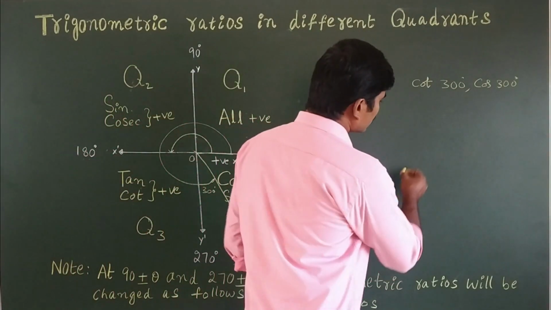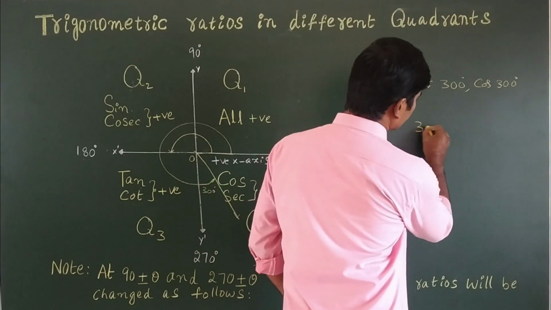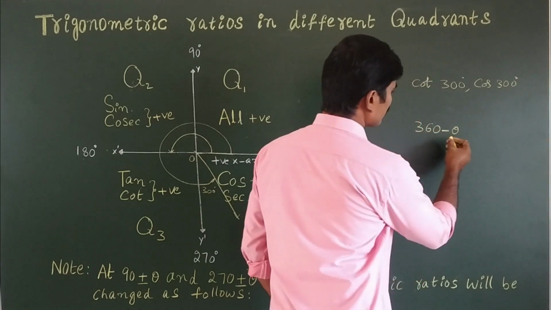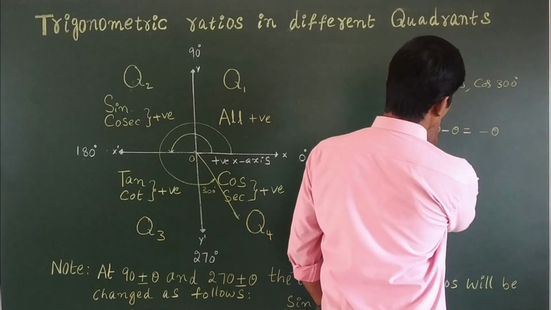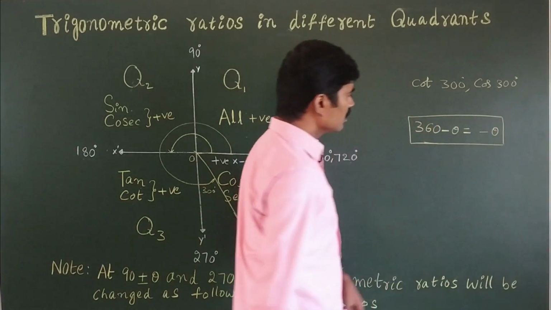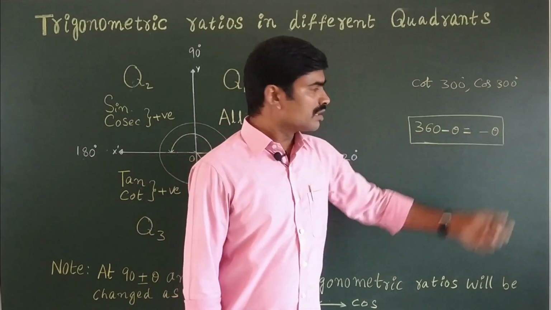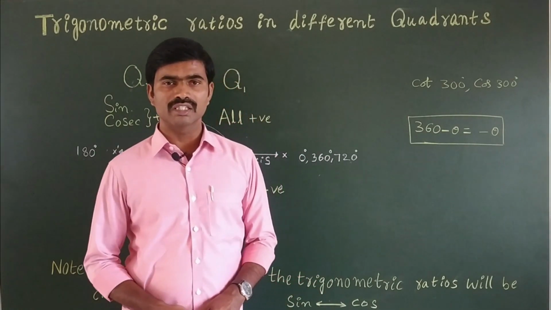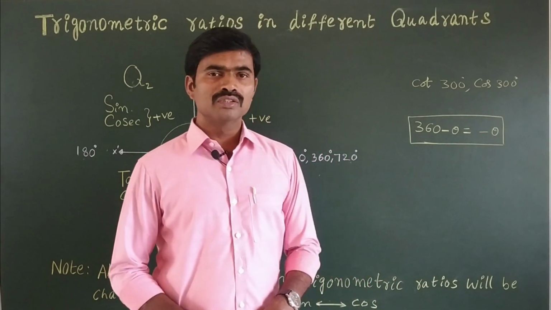Cos 360 degrees minus, this is another more important note. 360 degrees minus theta we can write as minus theta. Suppose sin 360 minus 60 degrees we can write as sin of minus 60 degrees.